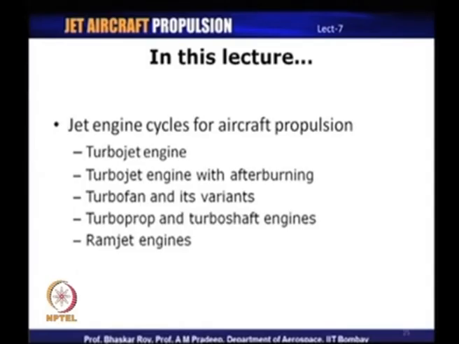We started with the turbofan and different forms of the turbofan engine, the mixed and unmixed turbofan engines. We also discussed turboprop engines and turboshaft engines, and then of course, we also discussed ramjet engines, which are the simplest form of a jet engine. So, these are some of the topics we have discussed in today's lecture, and we will continue our discussion on jet engines in the next lecture as well.